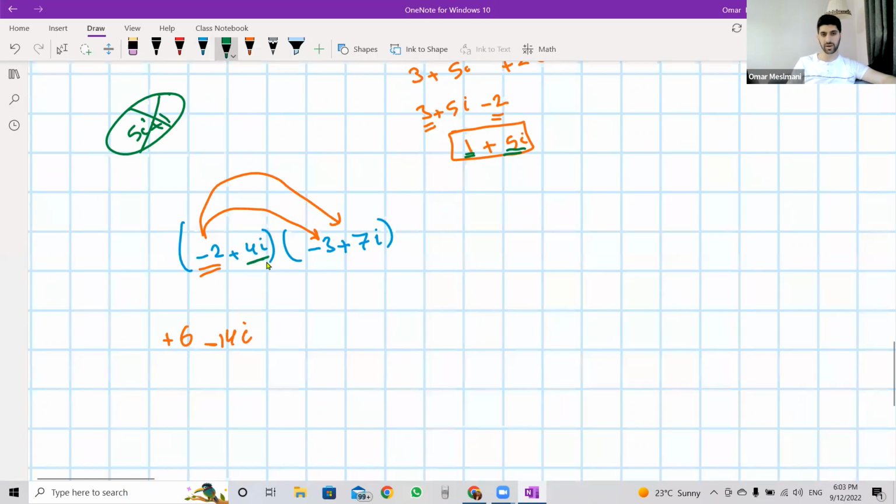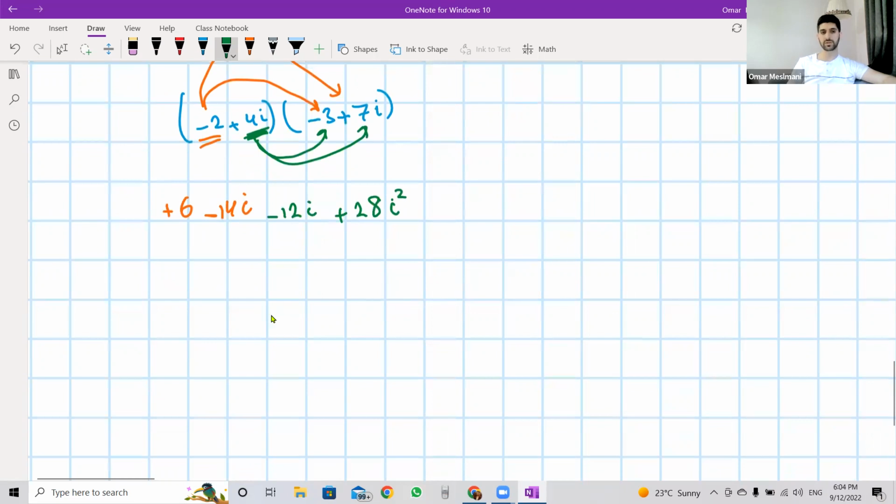I'm going to multiply 4i by -3. That is going to be -12i, isn't it? And now listen carefully. Positive times positive is positive. 4 times 7 is 28. i times i is an i squared.